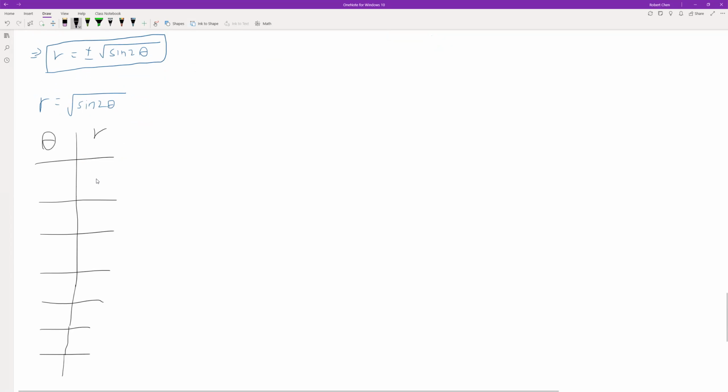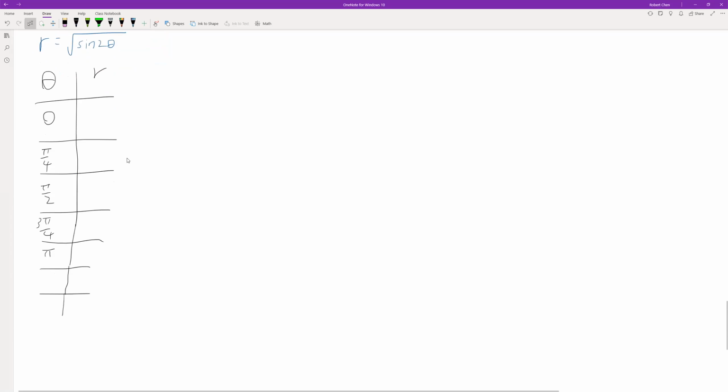All right, so let's say 0, pi over 4, pi over 2, 3 pi over 4, pi, 5 pi over 4, 3 pi over 2, 7 pi over 4, and then 2 pi. Okay, that's pretty long, but that's good enough.